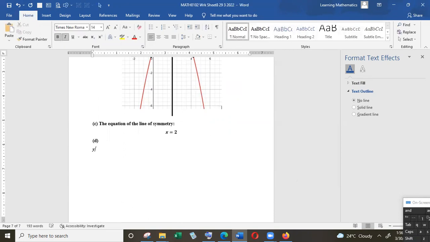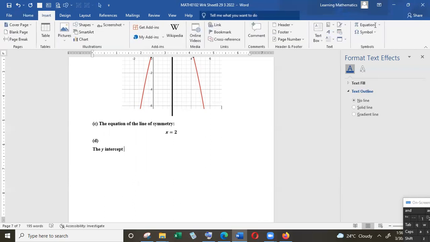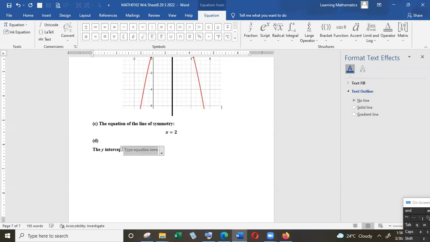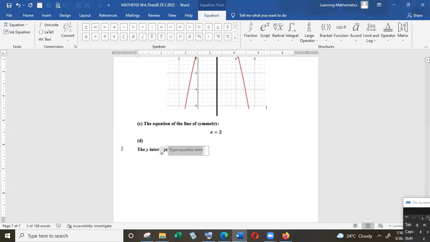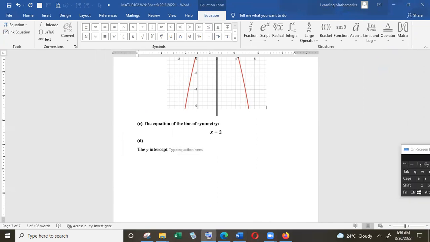So the y-intercept, okay? So for the y-intercept, that's where the graph crosses the y-axis, right?